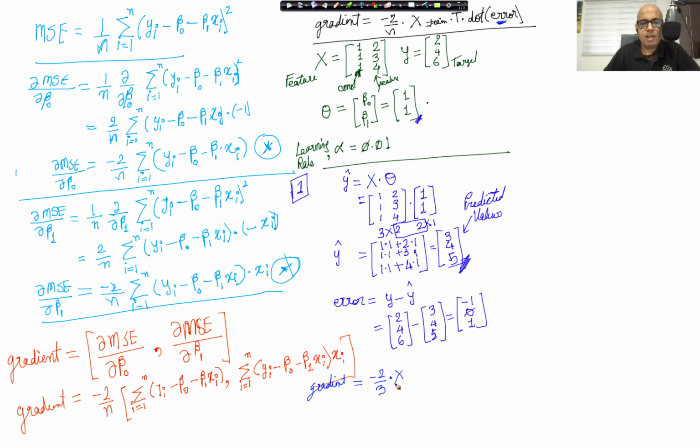Then we take the transpose of x and multiply that with the error vector. So this is minus 2 divided by 3, and the transposed feature matrix is 1 1 1 and 2 3 and 4, and we dot this with minus 1 0 1.